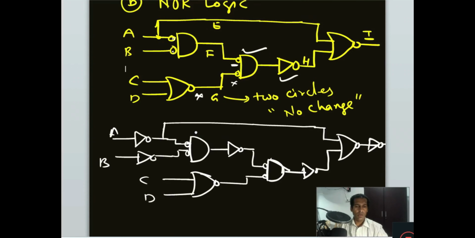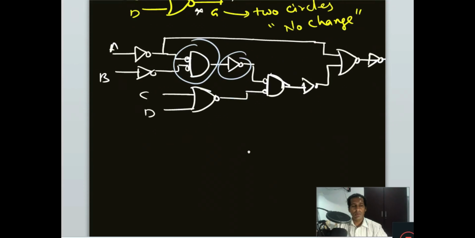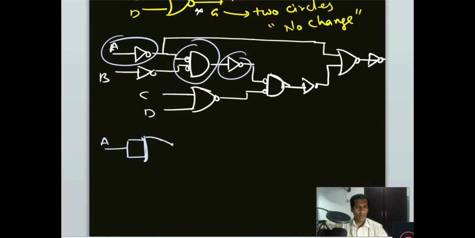Now what we have to do is replace all AND gates and NOT gates. So we'll build all these AND gates and NOT gates using NOR gates only. So this circuit we can draw by using only NOR gates. First we have one inverter here with A. So this is A. This inverter is converted to a NOR gate.